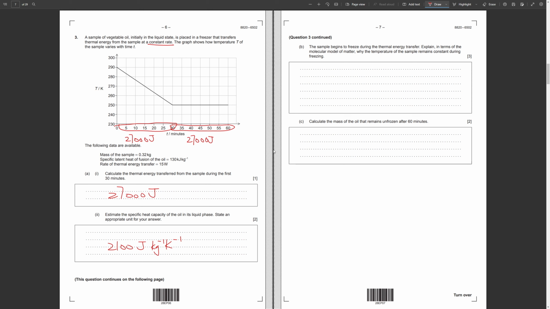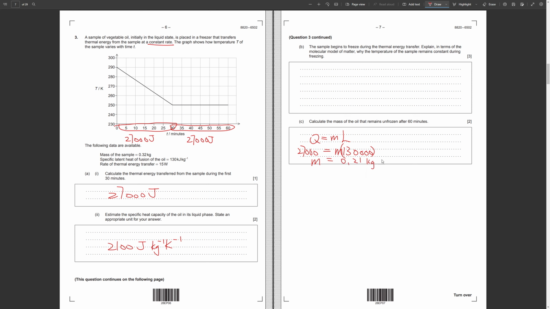With these amounts of energy transfer, the amount of oil being transferred into solid is about Q equals mL. Q is the thermal energy transfer, the mass is unknown, with L being 130,000.